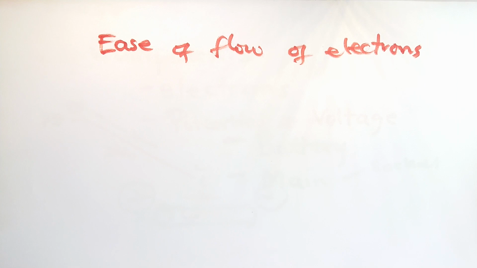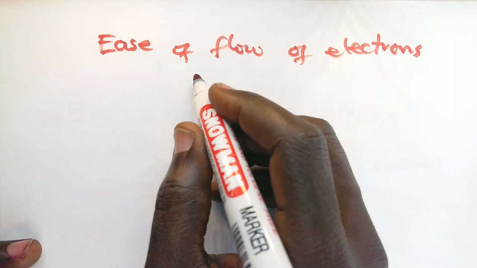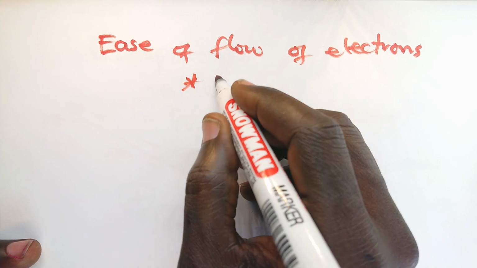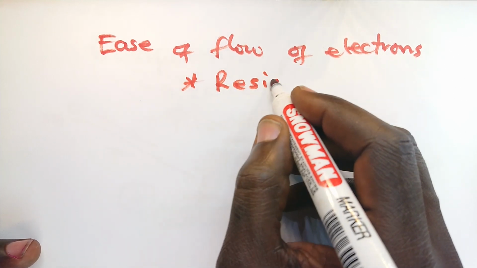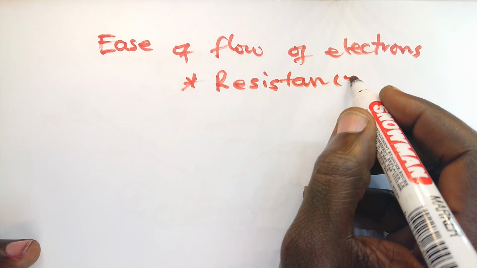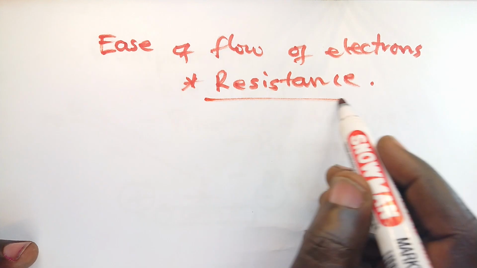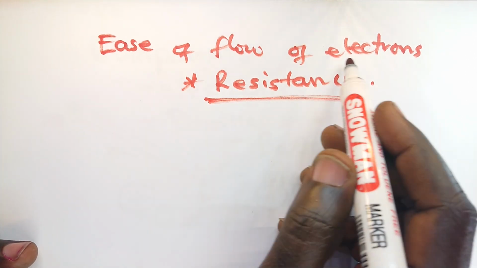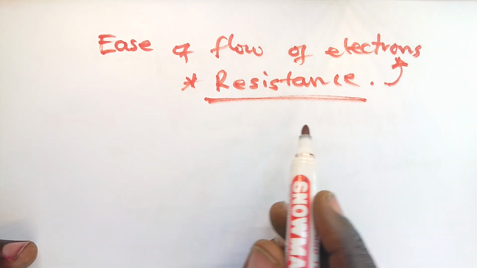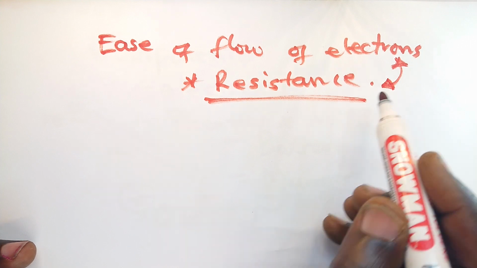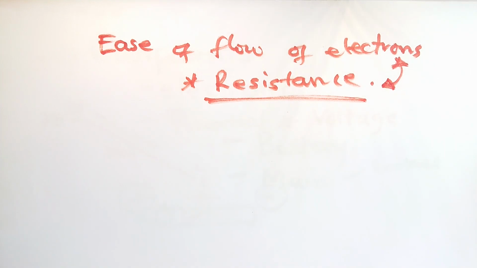Yeah, how easily electrons flow in something is measured by the resistance of that something. Like the ability of this something to resist the flow of electrons is called resistance. Yeah, so that's where you'll get words such as resistors.